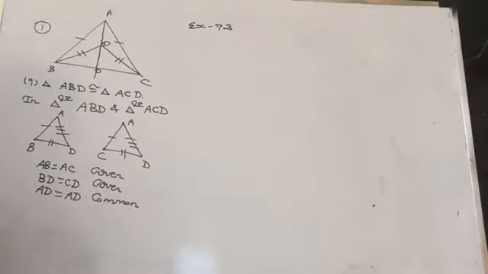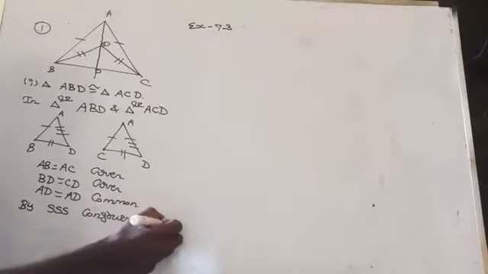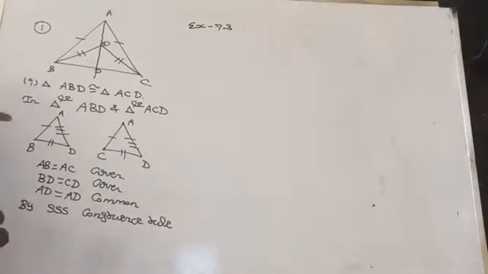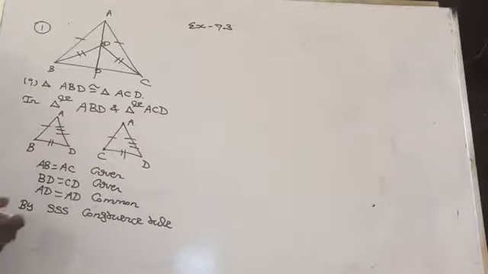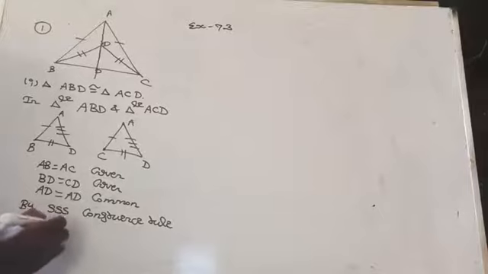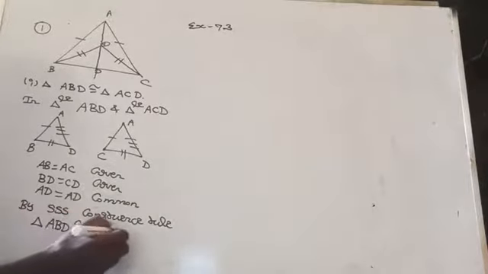Now tell me, by which congruence rule are these two triangles congruent? Yes, by the SSS congruence rule, that is side, side, side. If all three sides of one triangle are equal to all three sides of another triangle, then by SSS congruence rule, triangle ABD is congruent to triangle ACD.